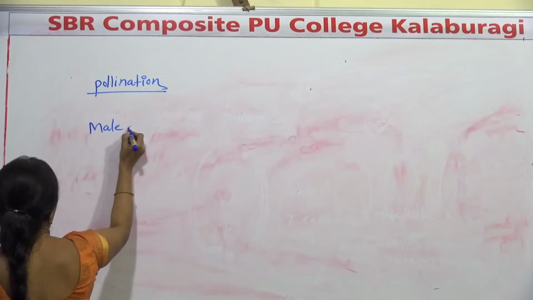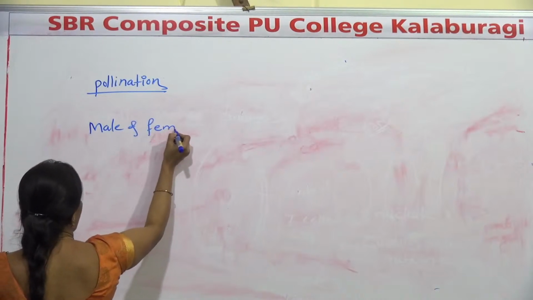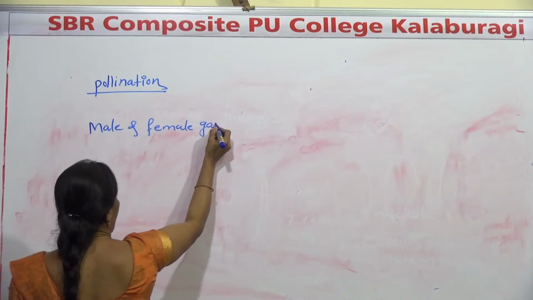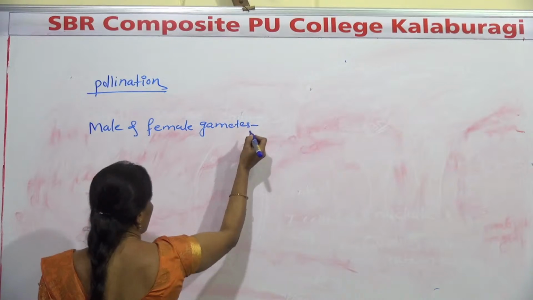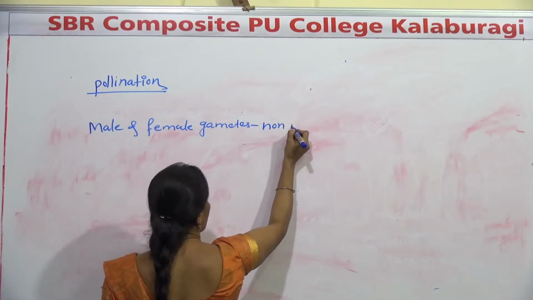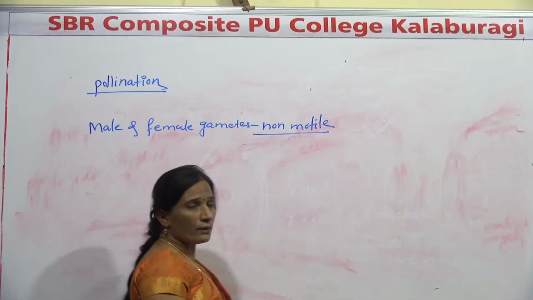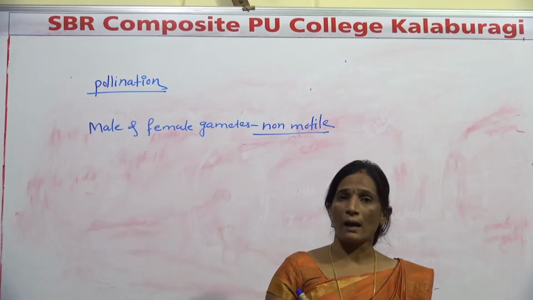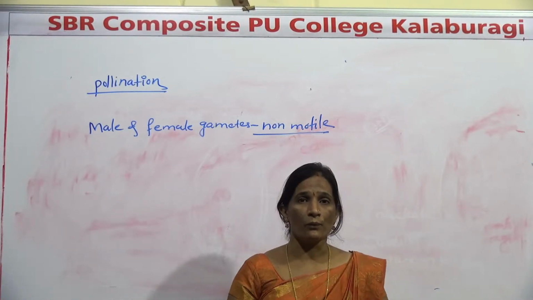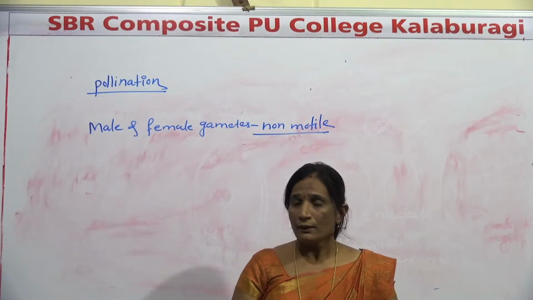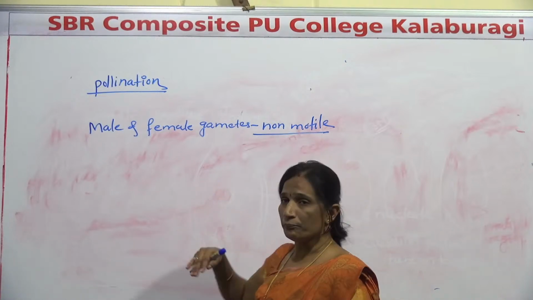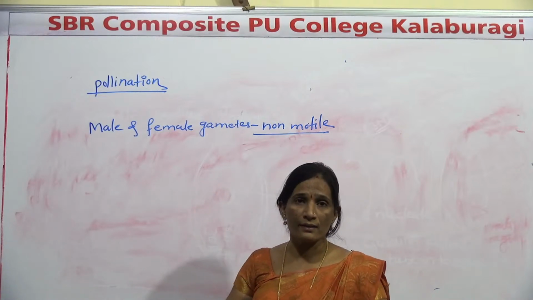Here both male and female gametes are non-motile. Is it clear? These two must come together for fertilization.